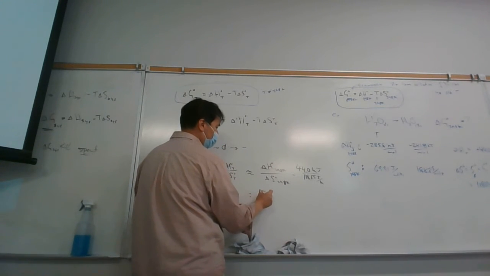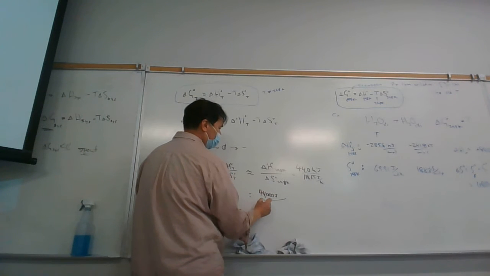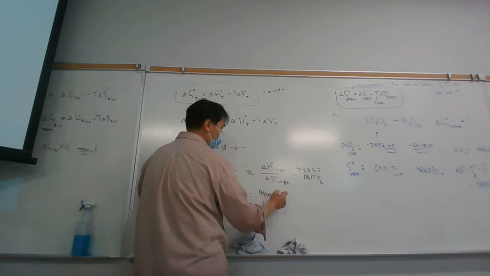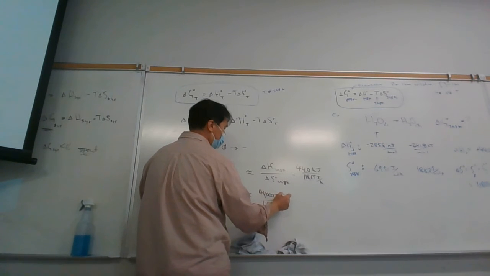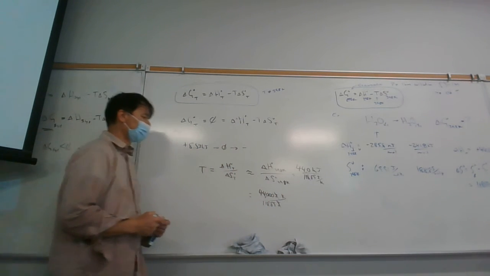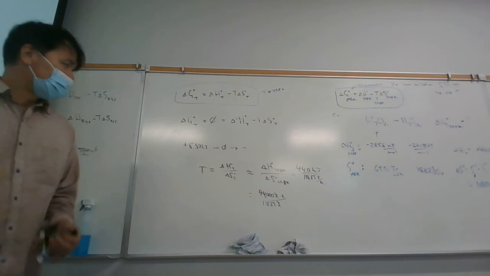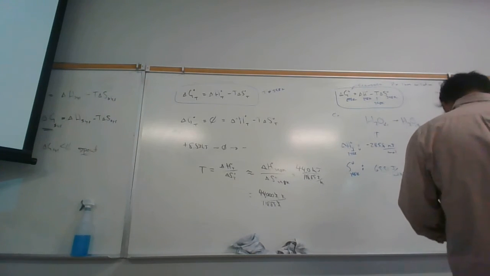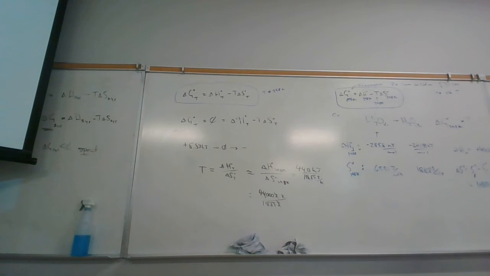So I'll have 44,000 joules divided by 118.89 joules, and then the Kelvin will come up on top. So the joules cancel. So let's see what that comes out to here. So this will be 44,000 divided by 118.89. 370.